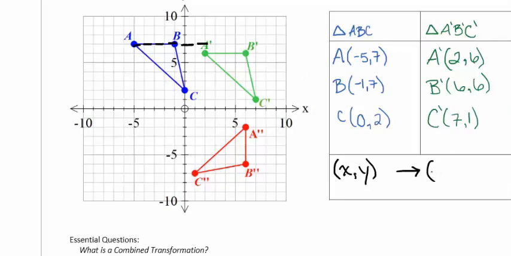And since I went to the right, I'm adding, so that's x plus 7. And then I want to see, did I go up or down? Well, I went down, and I only went down one place. And since I went down, that's minus 1.